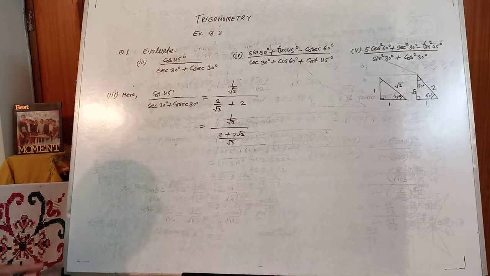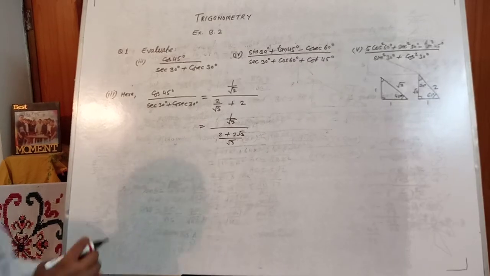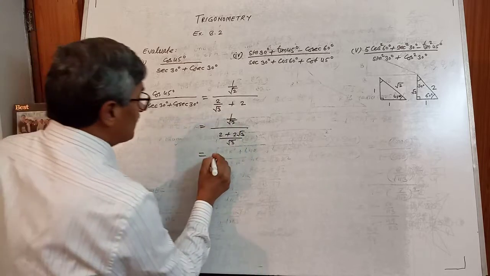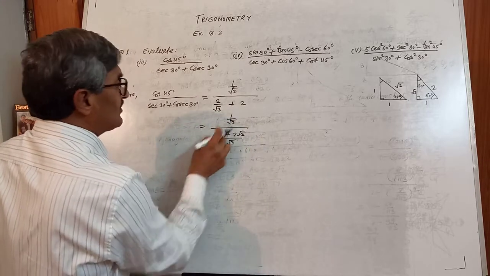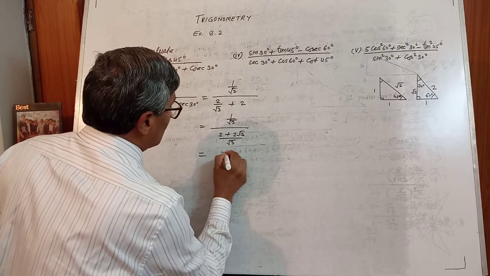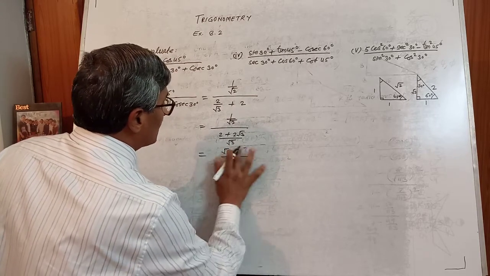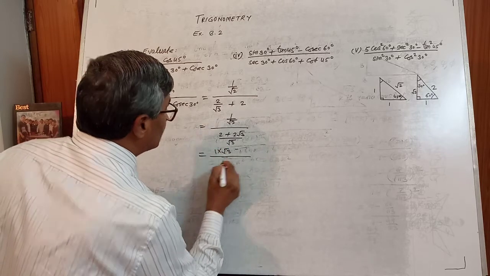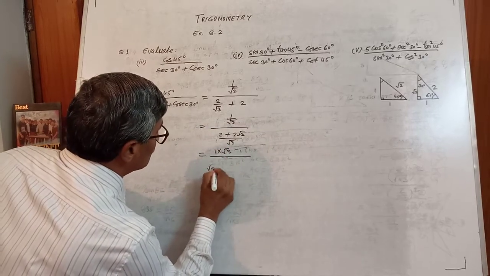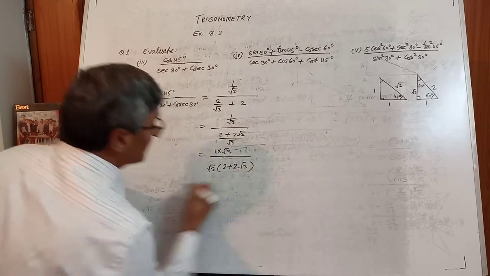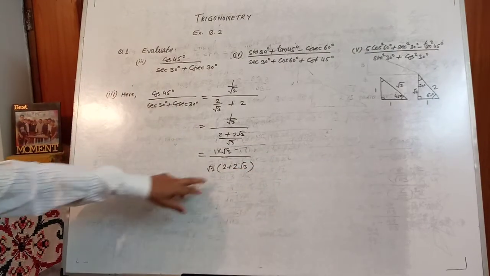We are getting 2 plus 2 root 3. Again, this will be multiplied on the top, so we get root 3 divided by root 2 into 2 plus 2 root 3. This is the value.